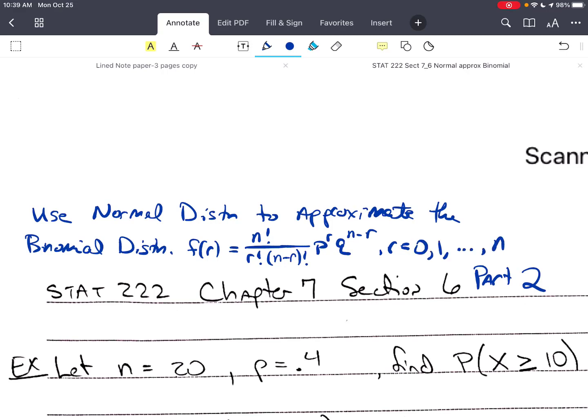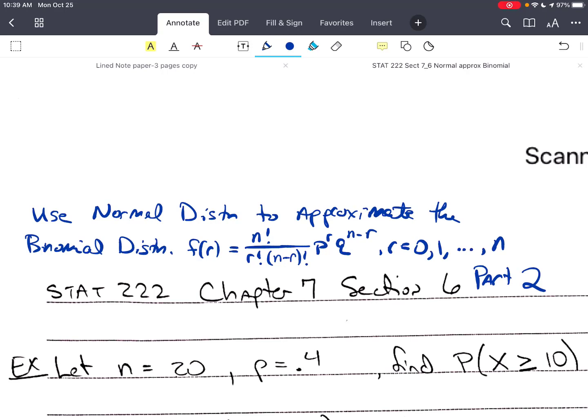The book uses r, so I will use r. This is not a fun distribution to calculate manually unless you love math like I do. But when you get very large numbers of n, you really don't want to use this binomial distribution to find the probabilities unless you have a computer.